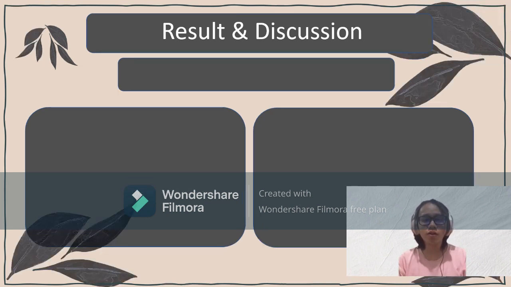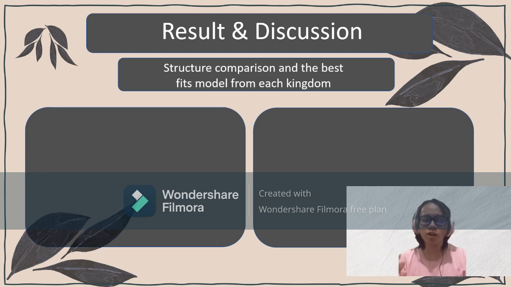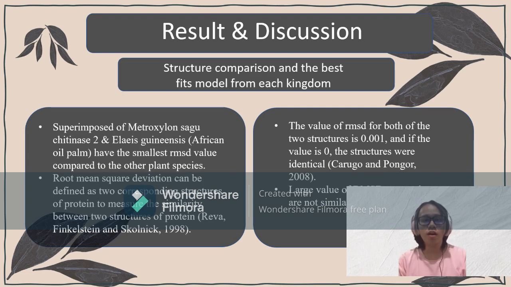Next is based on the result from Chimera software, the superimposition of M.sagu chitinase 2 and African oil palm has the smallest RMSD value compared to the other plant species. Root mean square deviation can be defined as a measure of two corresponding protein structures to measure the similarity between the two structures of the protein.